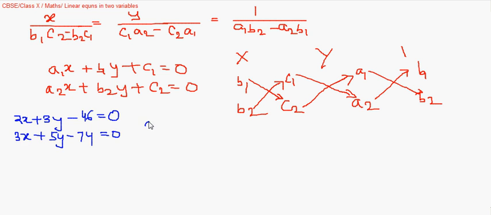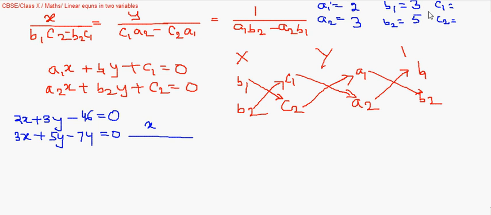Let me write what a1, a2, b1, b2, c1, c2 are: a1 is 2, a2 is 3, b1 is 3, b2 is 5, c1 is minus 46, c2 is minus 74.